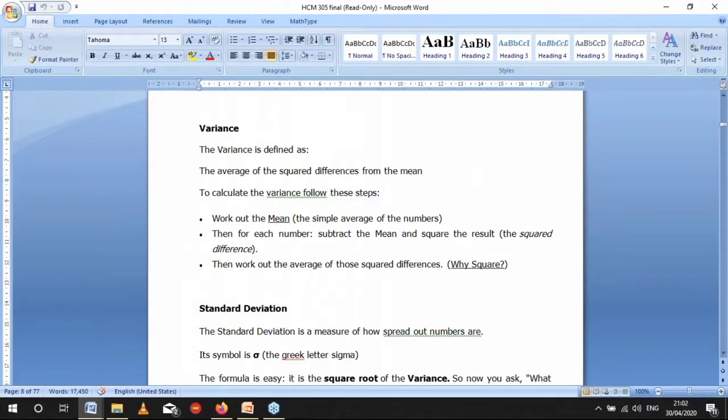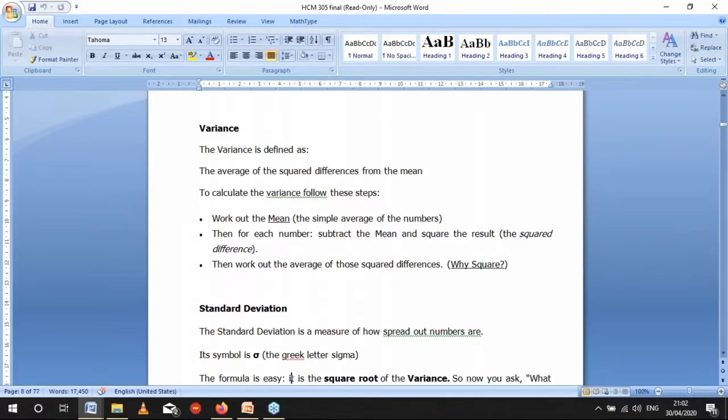And when you divide 9 by 5, we have an approximation of 2. So you are going to square your 2 now. You're going to make it 2 squared. That is your variance. 2 squared is equal to 4. 2 times 2 makes 4.